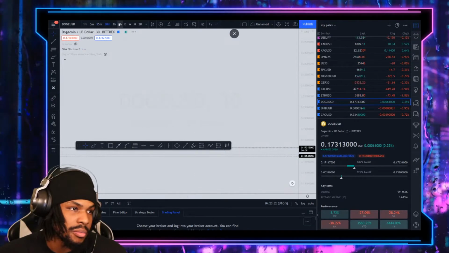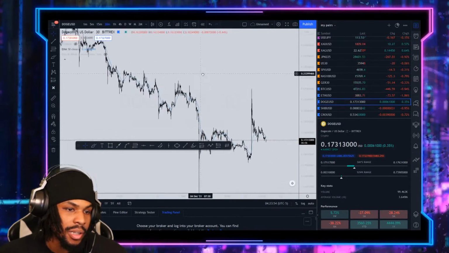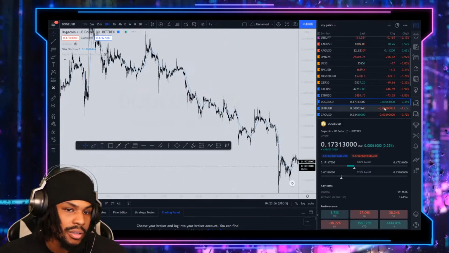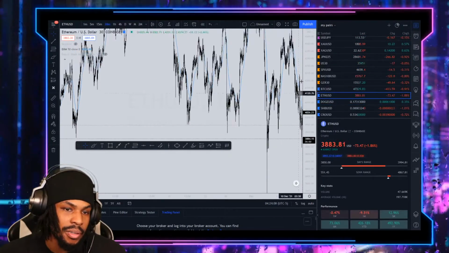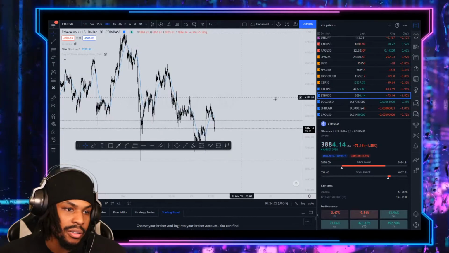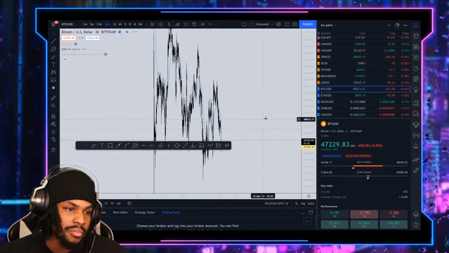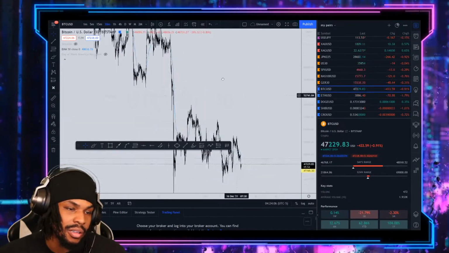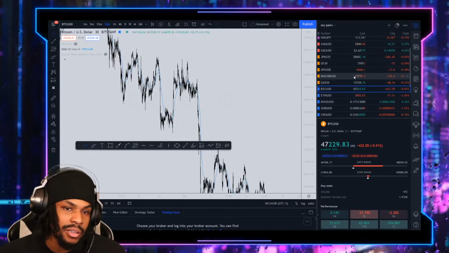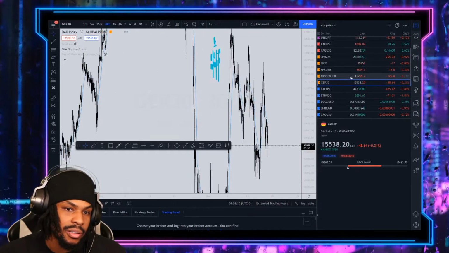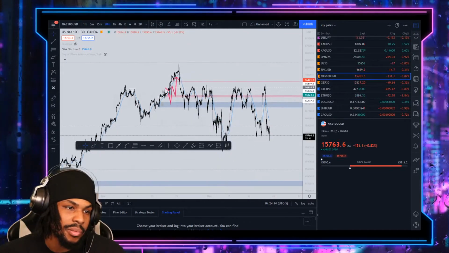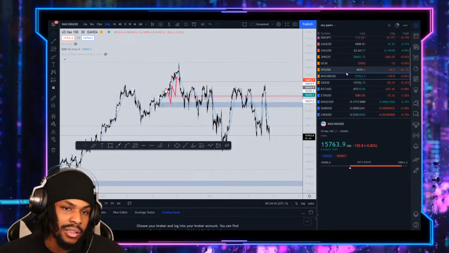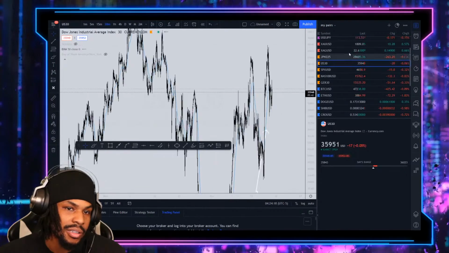Dogecoin been on that BS lately. Good time to buy cryptos though, for sure. You see these big dips in the market, good time to buy it. Not bad. Bitcoin, good buying opportunity. All right, haven't looked at that in forever. Nasdaq pretty much consolidating, didn't do much. SPX consolidation.